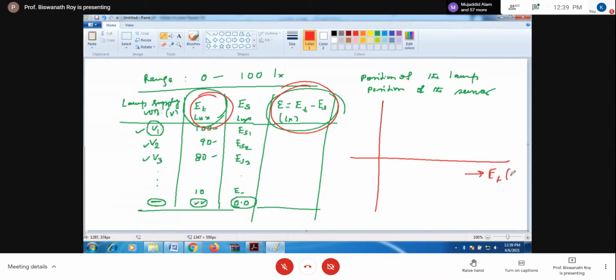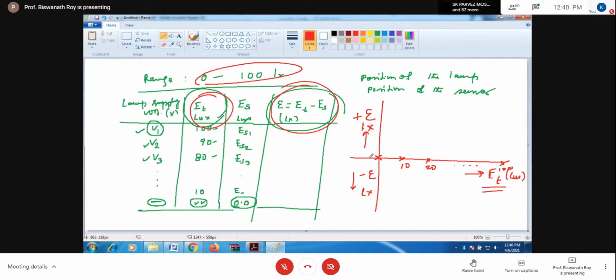This axis is E_T in lux, and this is the error and minus error, both in lux. So this is 0, this is 10, this is 20, this is 100. For values of the test lux meter ranging from 0 to 100 lux, with this table I can have the error.